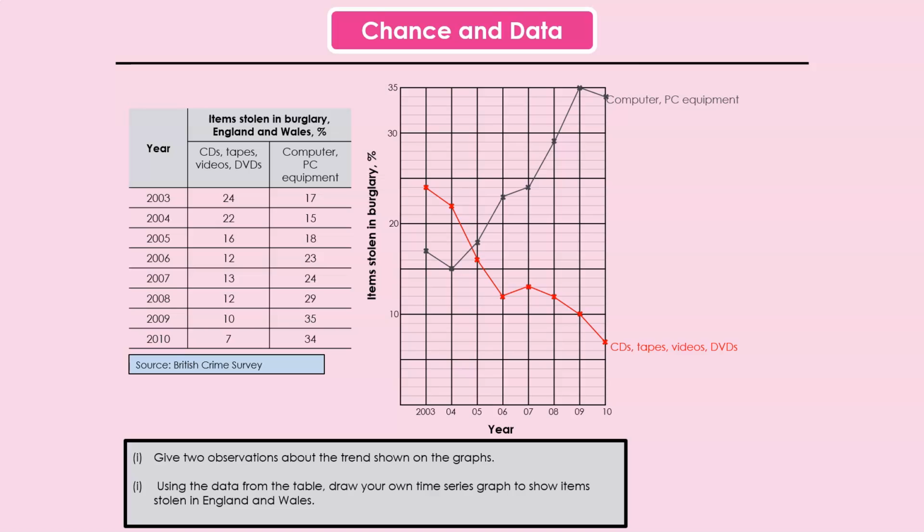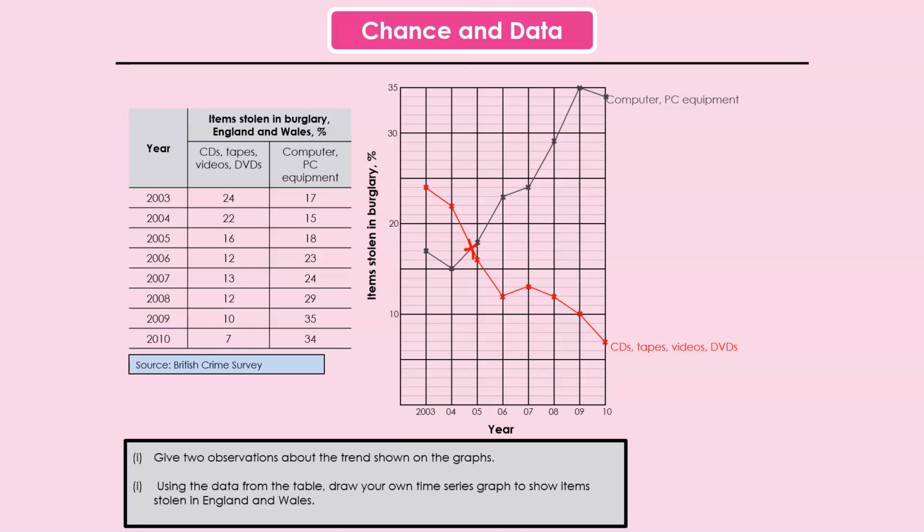So the key observation when you have two lines together is that where they intersect is really important, because both lines are the same. So that's the point where people were stealing the same number of computer and PC equipment as CDs, tapes, videos, and DVDs. So before that point, it meant that more tapes, CDs, videos, DVDs were being taken.